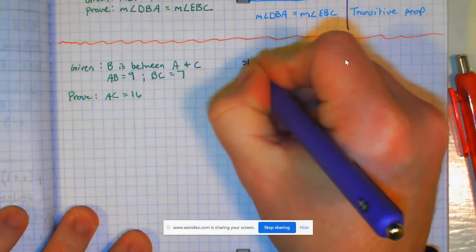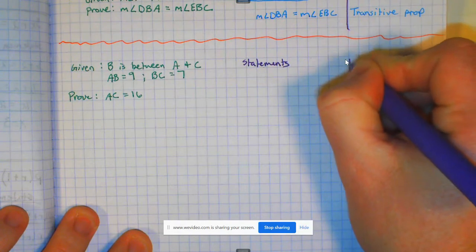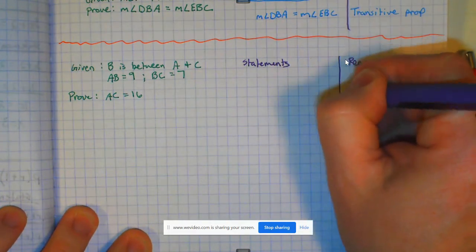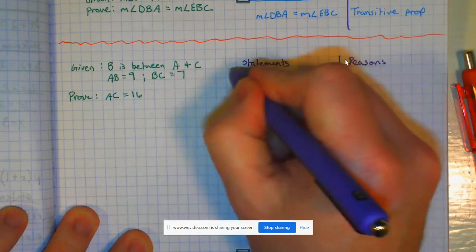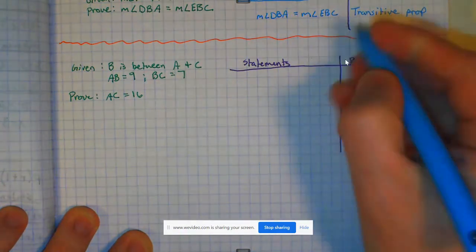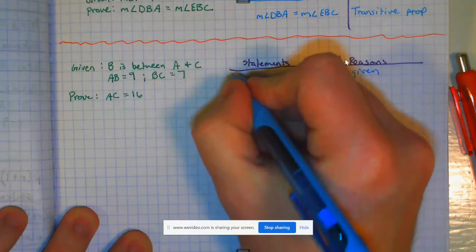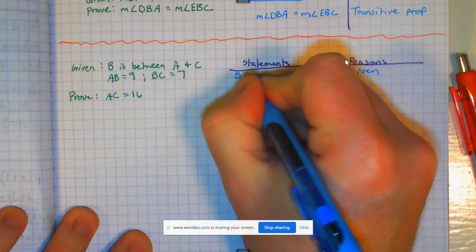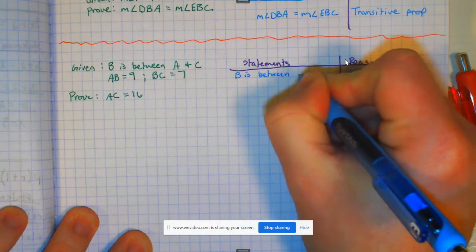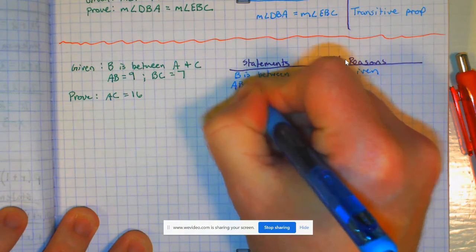So statements, reasons. The first reason is always given, and we're just going to copy down what they gave us. So B is between A and C. AB is 9.